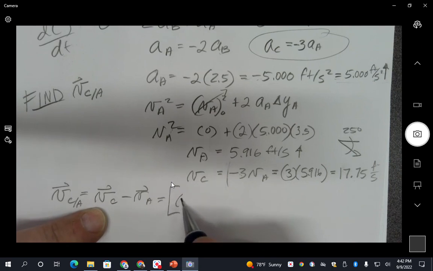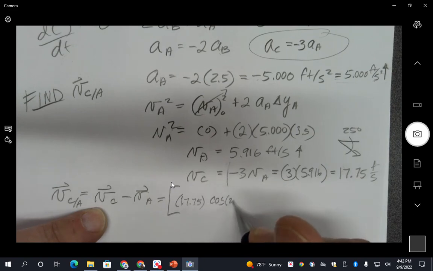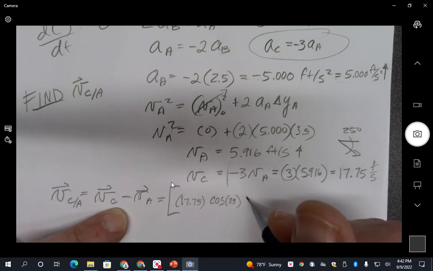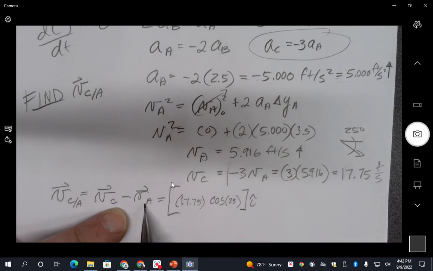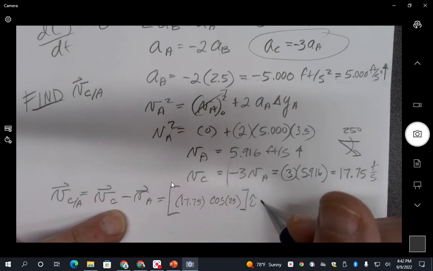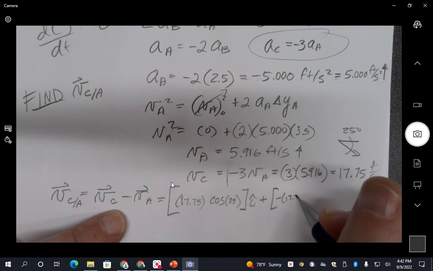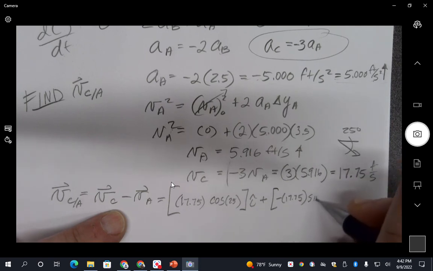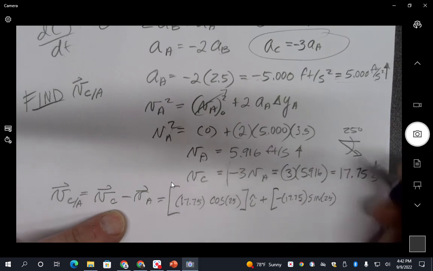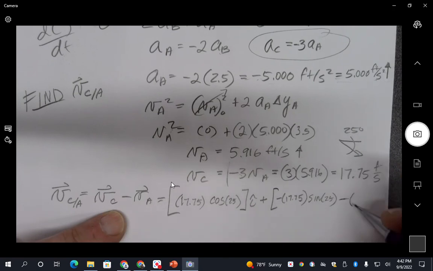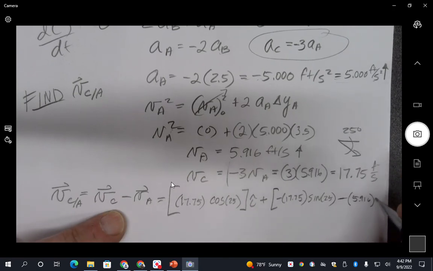So this is going to be 17.75 times the cosine of 25, and that's just I, because A is just going upwards. But it's going down, so we have a negative 17.75 times sine of 25, and then minus VA, so it's 5.916, and that's going to be J.